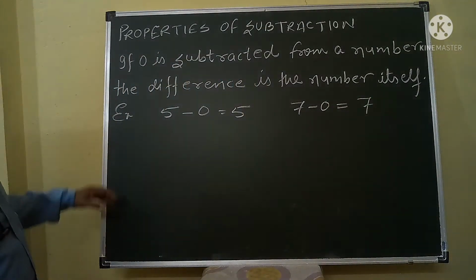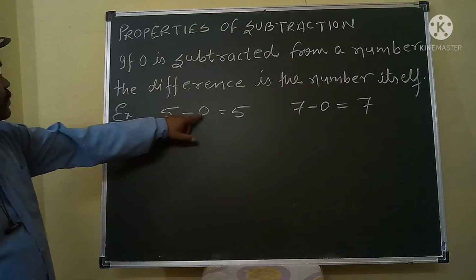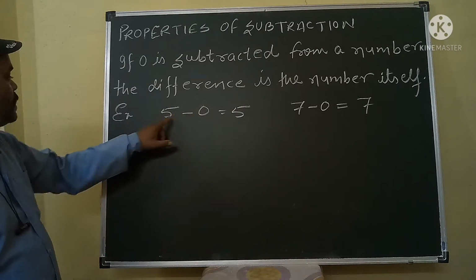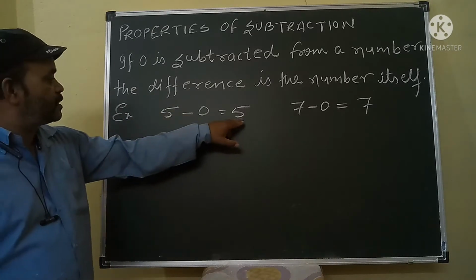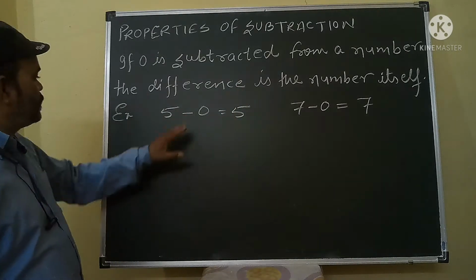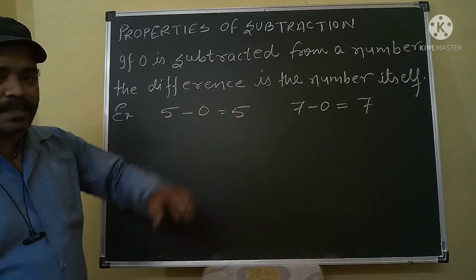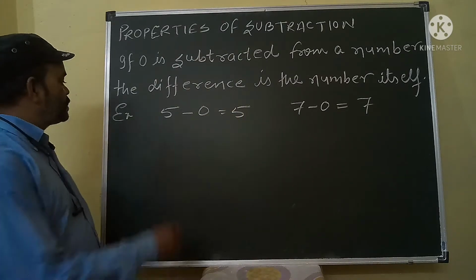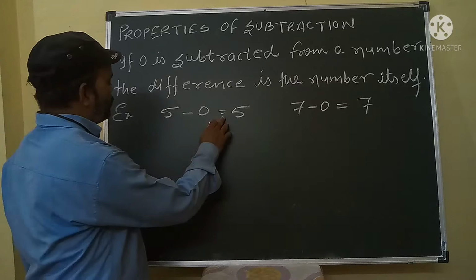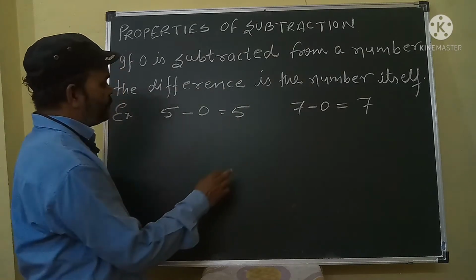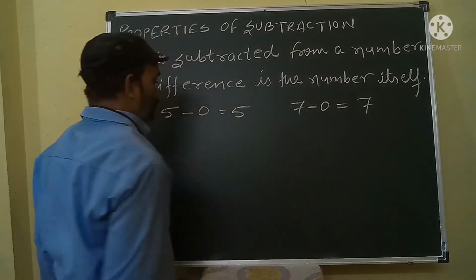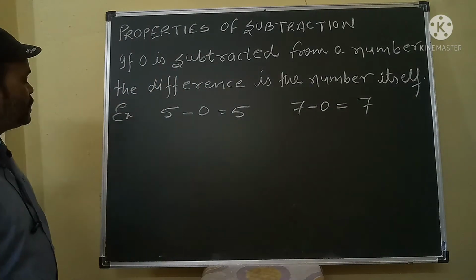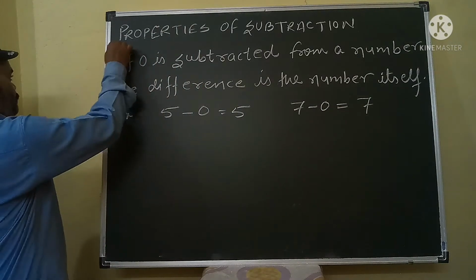Therefore, if 0 is subtracted from a number, the difference is the number itself. That means 5 minus 0 gives 5, and 7 minus 0 gives 7.